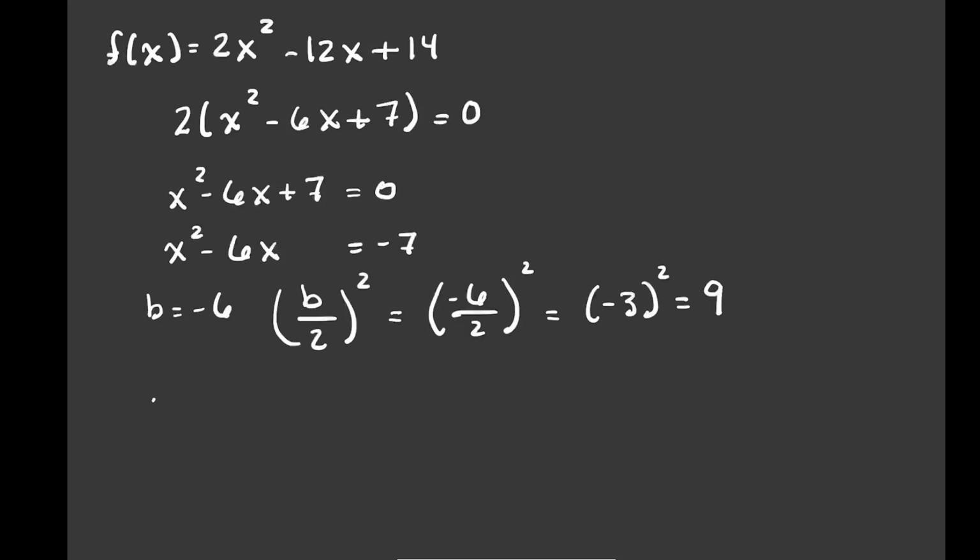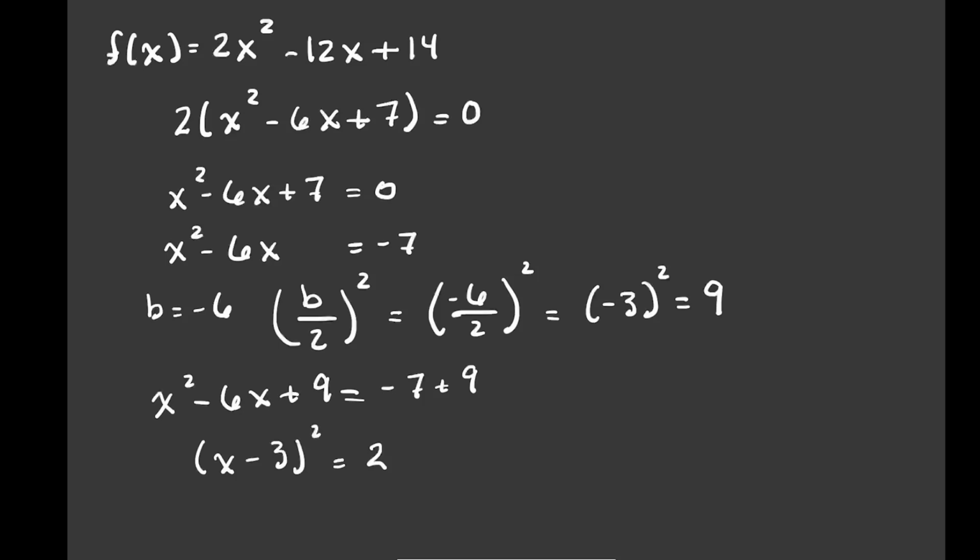Now I am going to add 9 to both sides of the equation: equals negative 7 plus 9. Notice that the left-hand side of the equation I can rewrite as (x minus 3) squared, and negative 7 plus 9 is equal to 2.